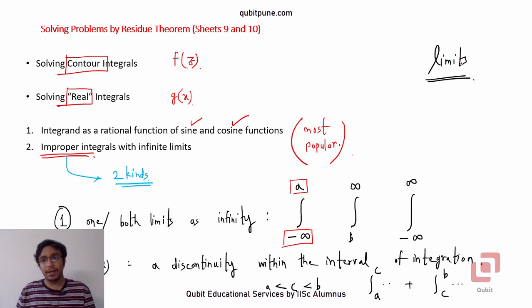So if the limit of the integrated function exists at these, then we say that the integral converges. Otherwise we say that the integral diverges or does not exist. Now out of these two kinds, we will cover only the first one with infinite limits.